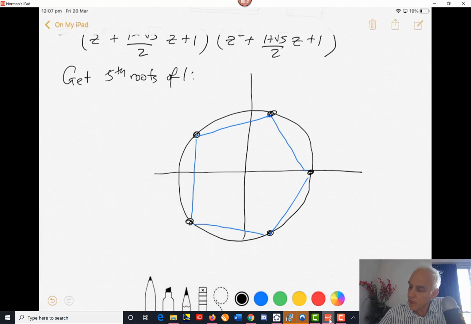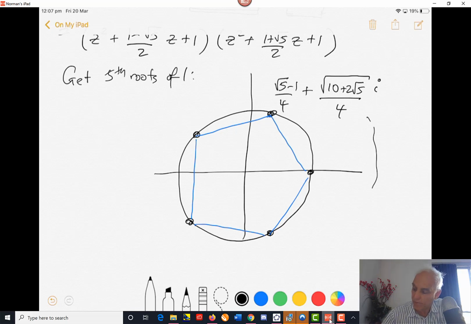This one here turns out to be (root 5 minus 1)/4, that's the real part, plus the square root of (10 plus 2 root 5) all over 4, times i. And this one down here is going to be the complex conjugate. If that's z, then this one is z bar. You'd obtain that one just by changing the plus sign to a minus sign.